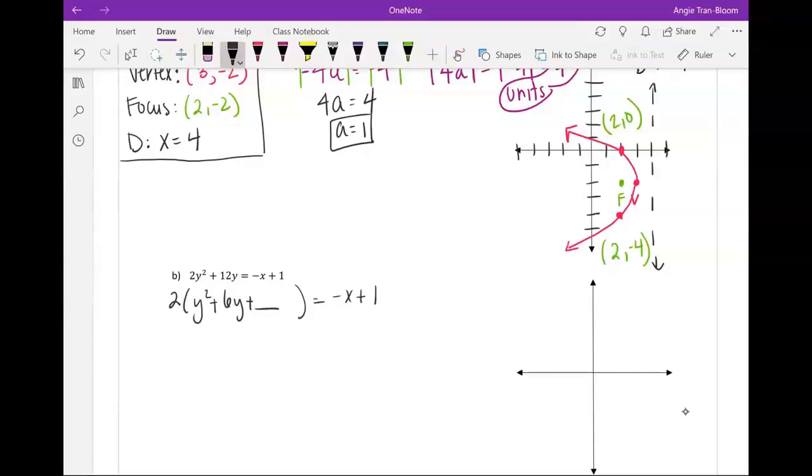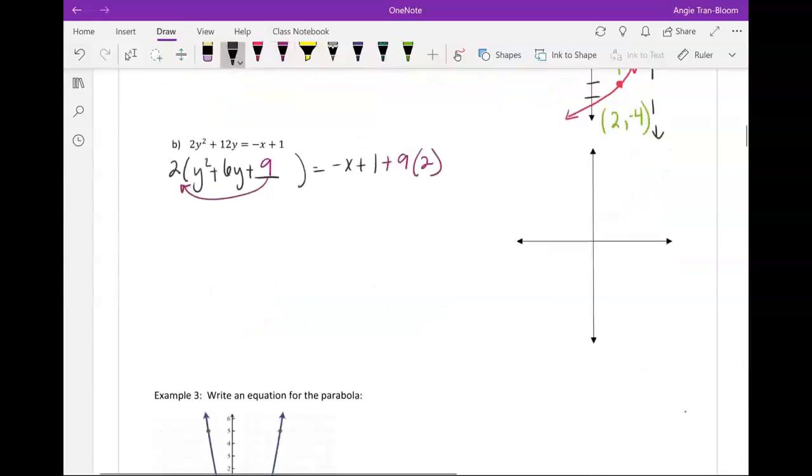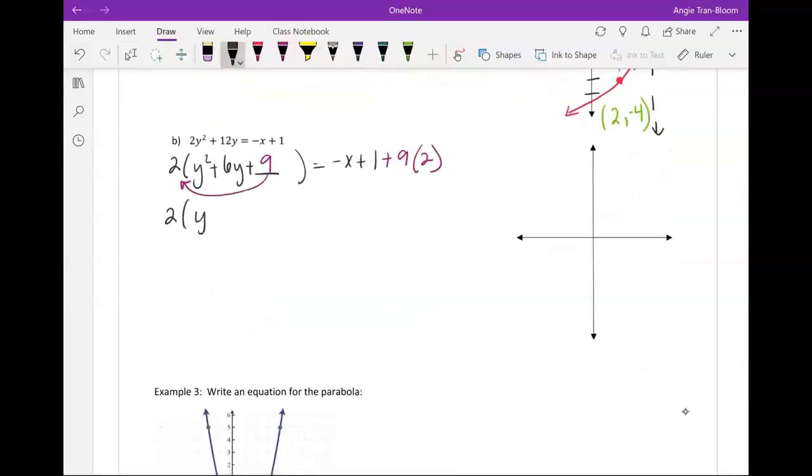We do not need to complete the square for the x because we don't need to factor that out. Half of 6 is 3, 3 squared is 9. I'm going to add 9 over here, but that 9 is really being multiplied by 2, so this is really 9 times 2. This is now factored as a y plus 3 quantity squared equals a negative x.